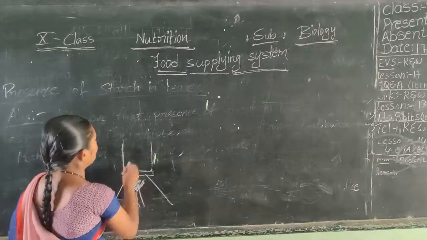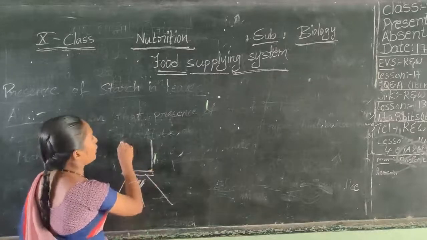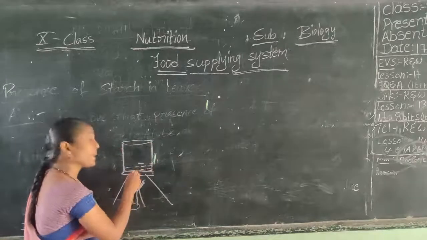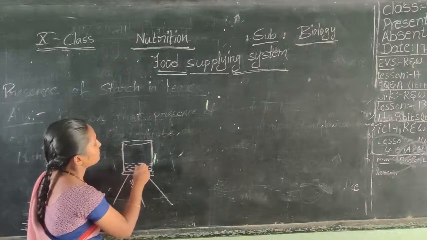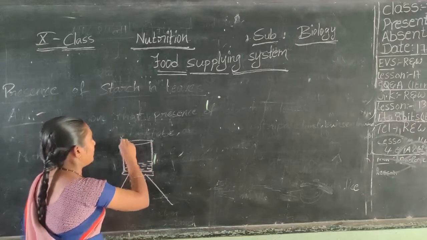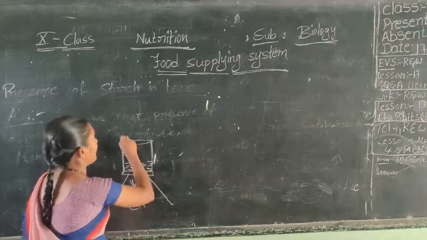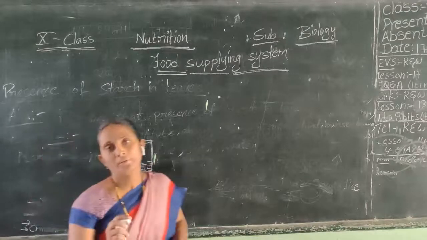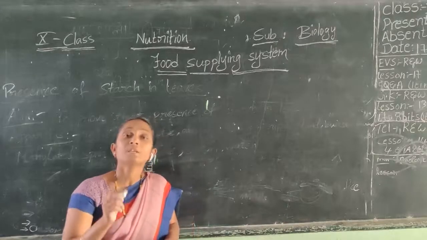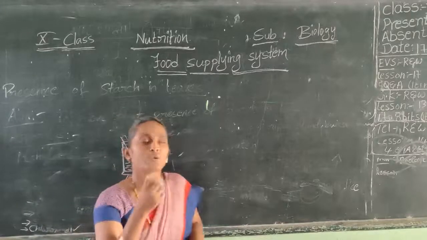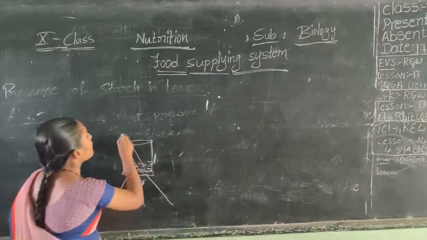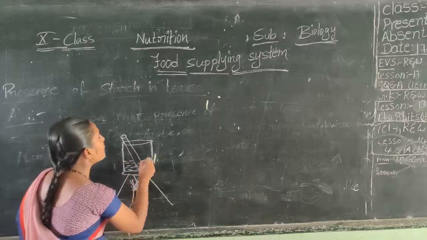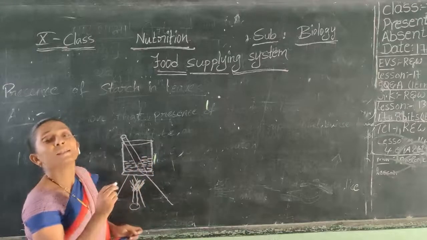So this beaker is filled with water, and then take a test tube also, and along with this you have to take a thin, soft leaf which can be inserted into the test tube. Before putting this test tube into the water bath, fill the test tube with methylated spirit.